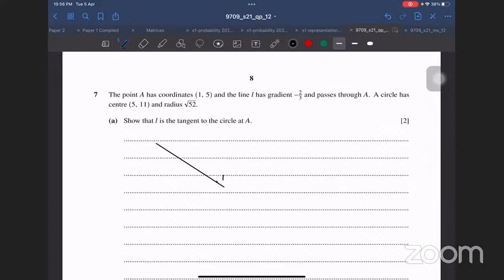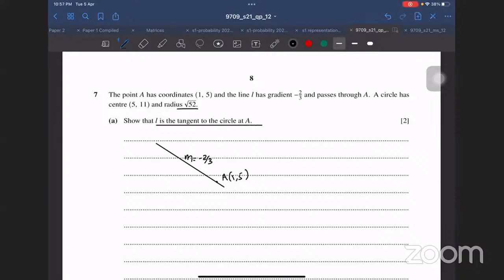It passes through A and has gradient minus 2 over 3. A circle has center 5, 11 and radius root 52. Show that L is tangent to the circle at A.